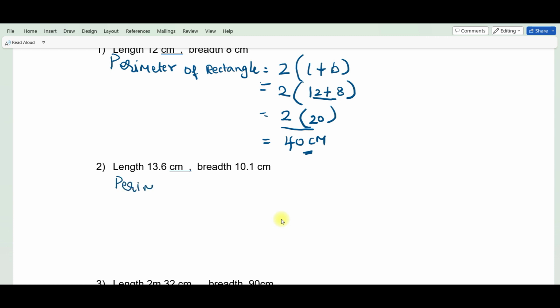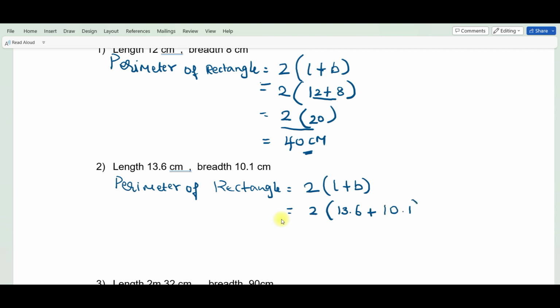So the perimeter of a rectangle equals to 2 into L plus B. Here the L is 13.6 and the breadth is 10.1.